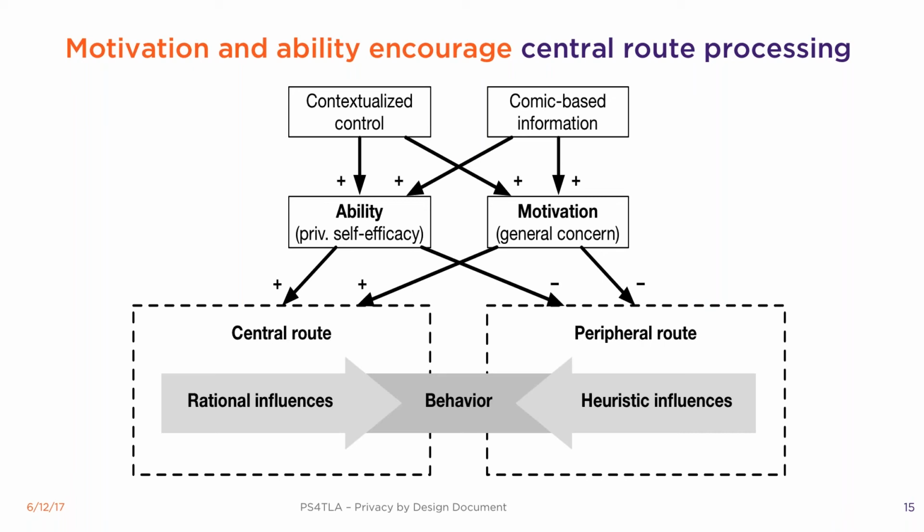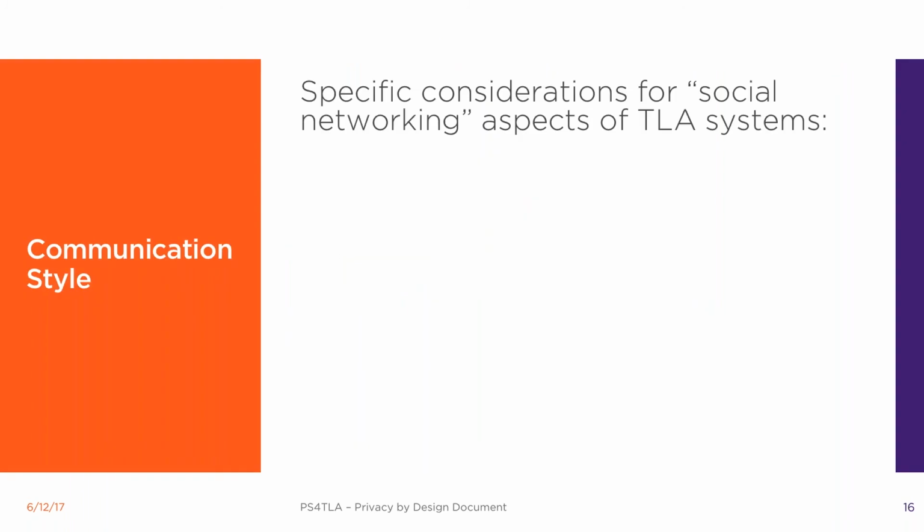peripheral route? And it turns out that yes, users' perceived ability and perceived motivation for engaging in privacy decision making tends to increase their use of the central route. So there are various ways in which we can try to influence whether people use central route processing.